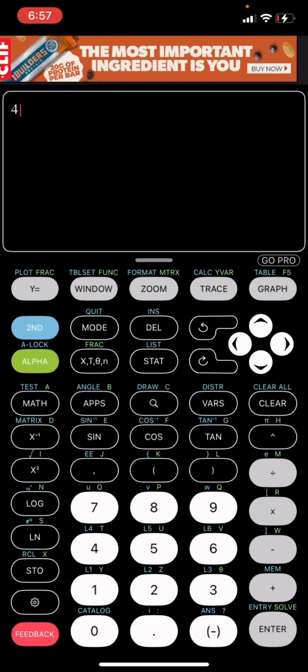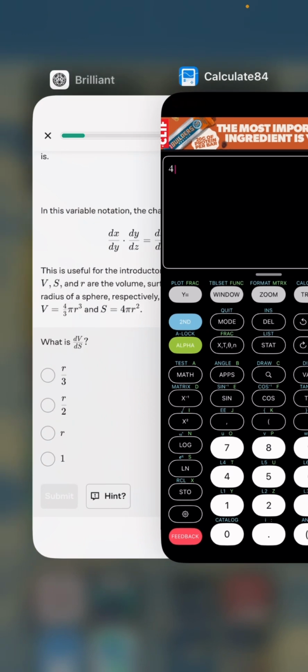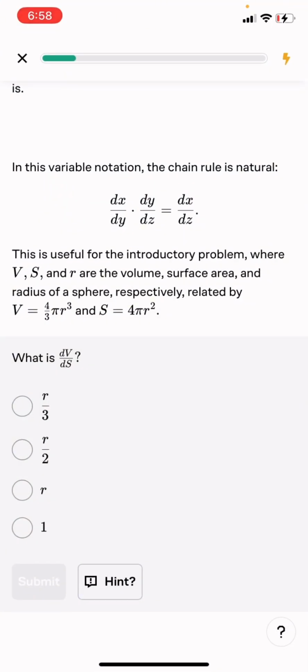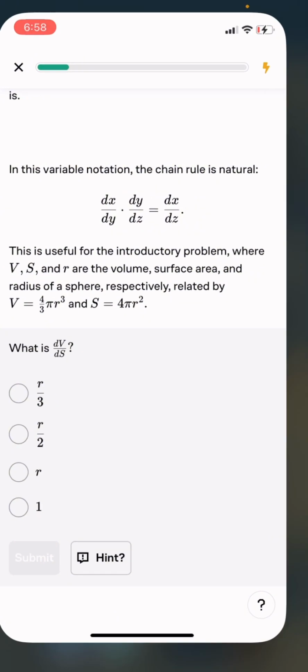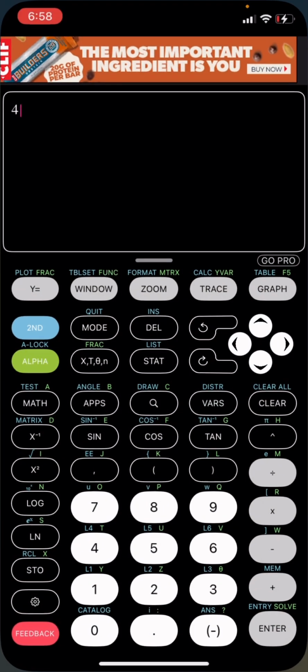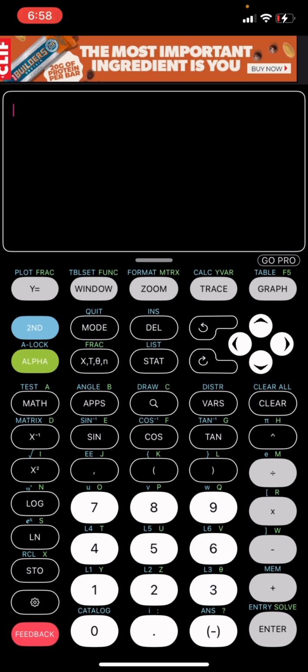Wait a second. I'm so used to you doing this with actually having the numbers to solve for this. We're doing volume over the surface area. So let me see if I could solve this. Let's just say the radius.